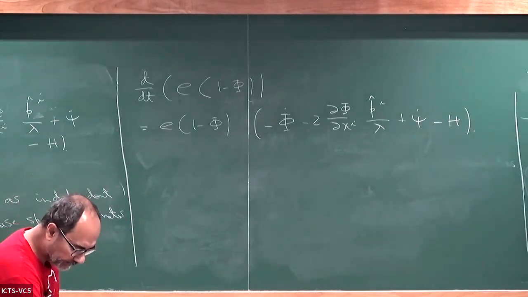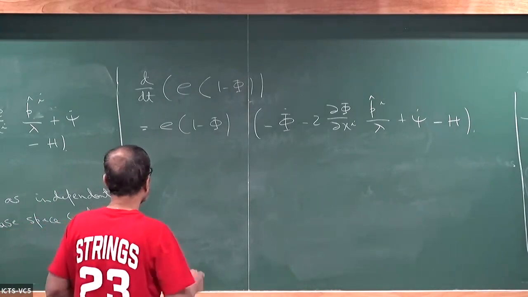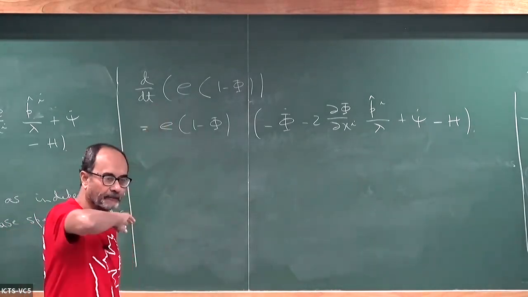Okay, so the other thing we have to calculate is d phi dt. So d dt, remember, is motion along the trajectory.